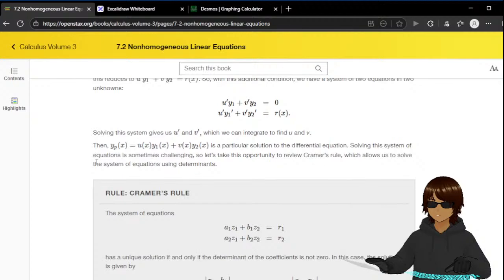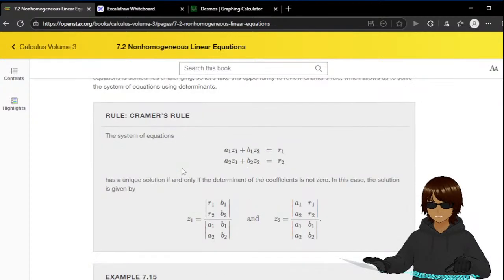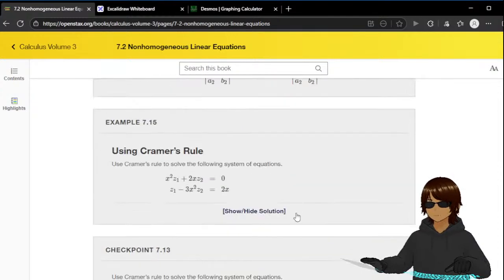Solving the system of equations is sometimes challenging, so let's take the opportunity to review Cramer's rule, which allows us to solve the system of equations using determinants. The system of equations a1 z1 plus b1 z2 is r1, a2 z1 plus b2 z2 is r2, has a unique solution if and only if the determinant of the coefficients is not 0. In this case, the solution is given by z1 is this, z2 is this.